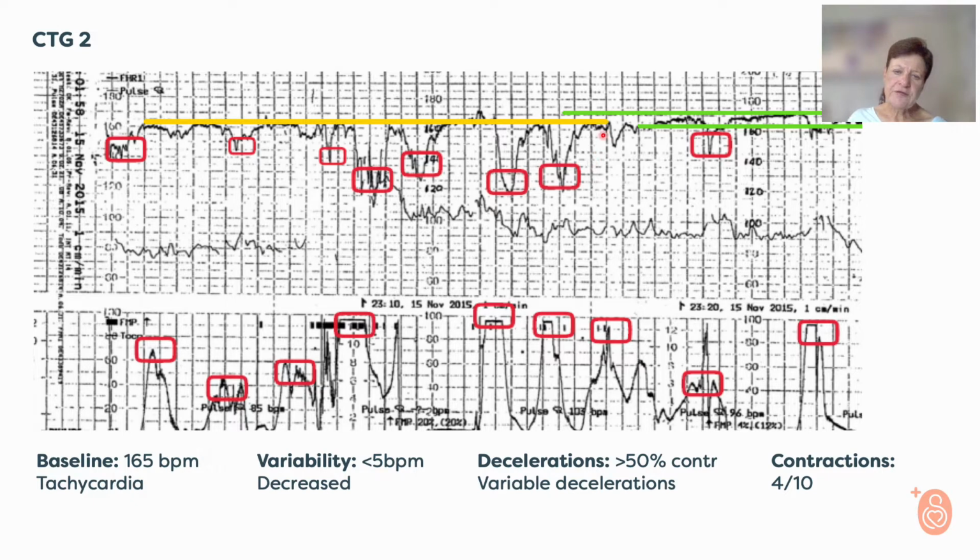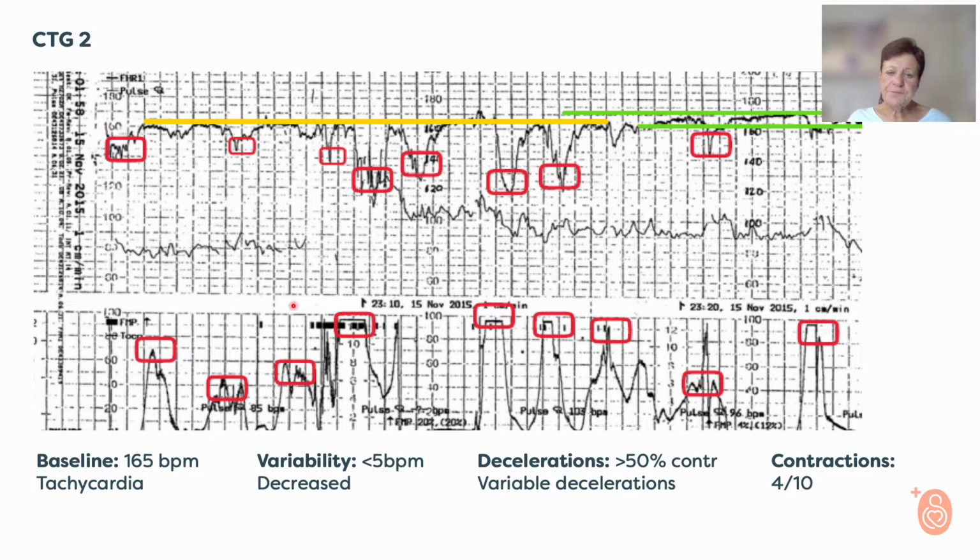So there are at least 1, 2, 3, 4 decelerations, and more or less all of them, except that one, are being accompanied by contractions, but then there are quite a few contractions that are not being accompanied by decelerations.